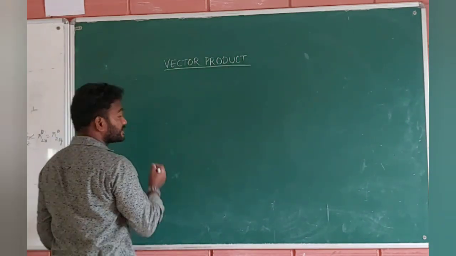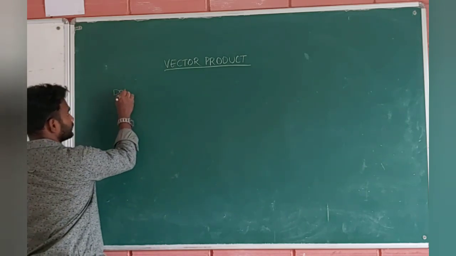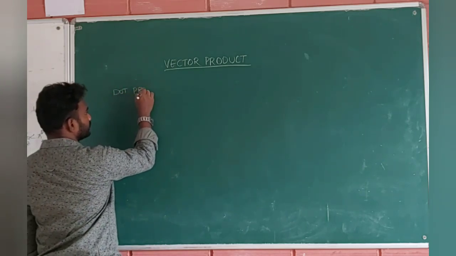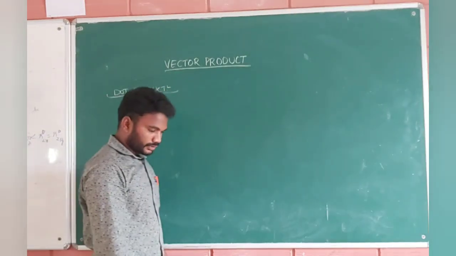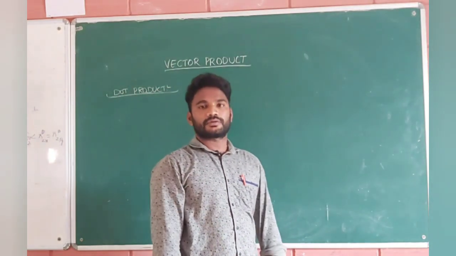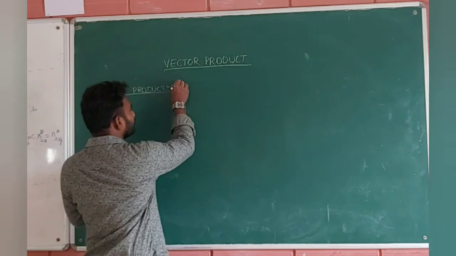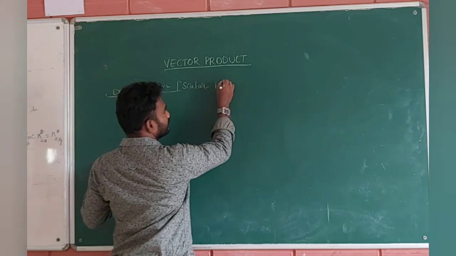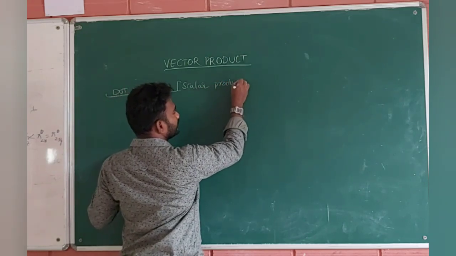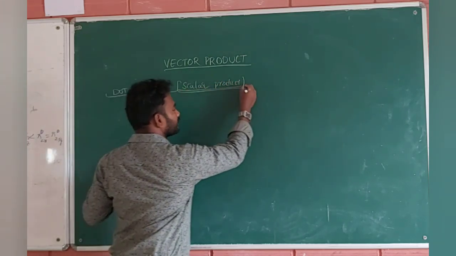What is the product we are going to discuss now? Dot product. What is dot product? One more name given to this is scalar product. Guys, by the name itself you can understand.